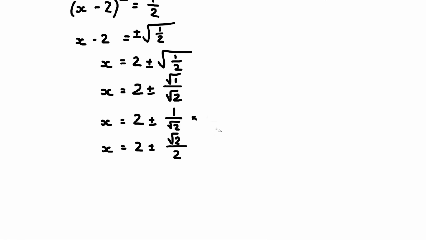So you can rationalize the denominator if you wish, but this is already good enough because it's already in surd form. But either of these two is fine as your final answer, and that's how you solve quadratics using completing the square. Now let's move on to 2.3, which is functions.